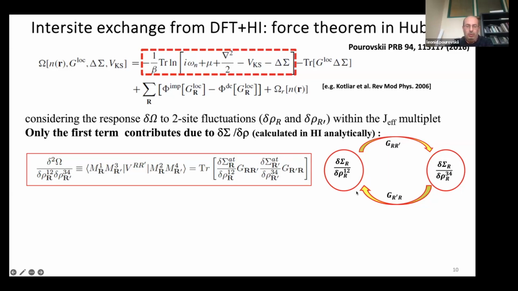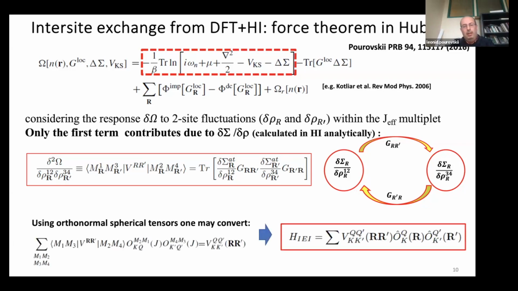Once we have calculated all these matrix elements for a given pair of atoms, we can map them into an effective Hamiltonian with interacting multipolar operators, and that's what we do. And as a result, what one gets is this kind of general effective Hamiltonian.